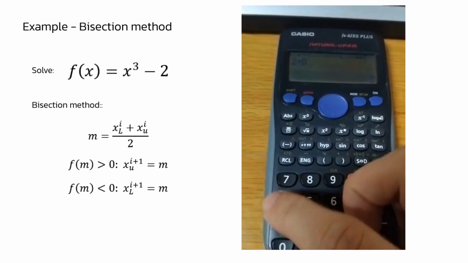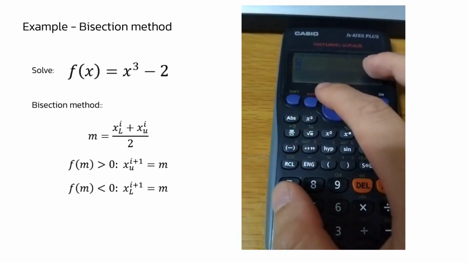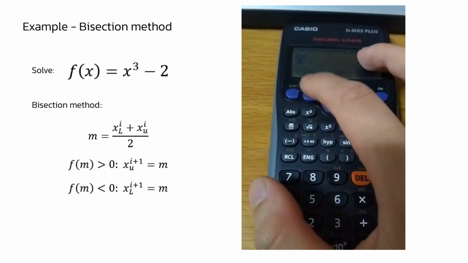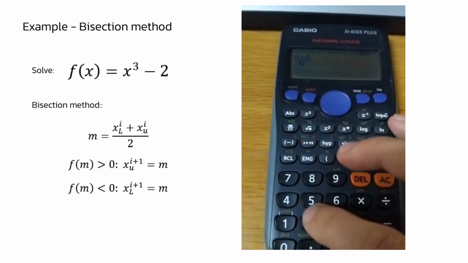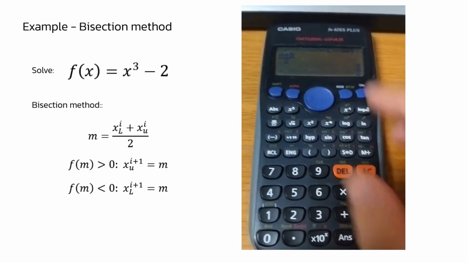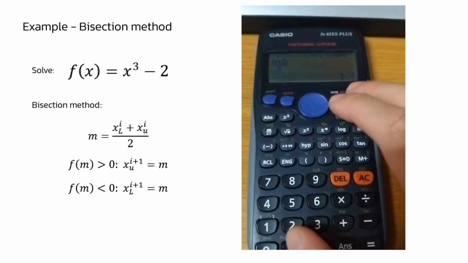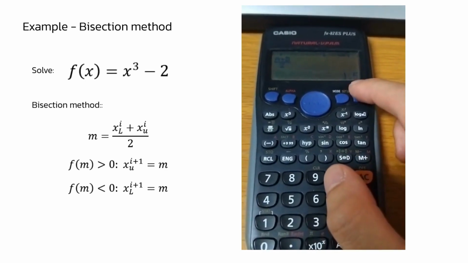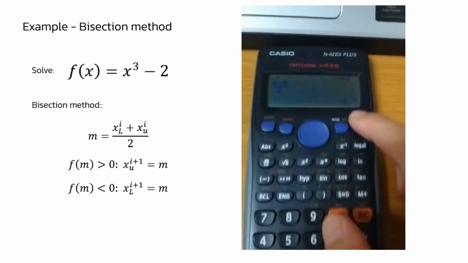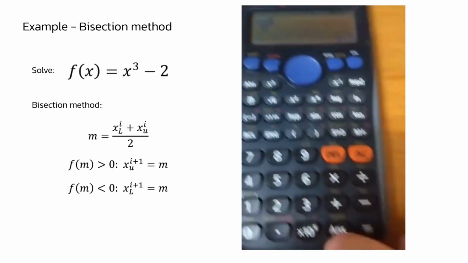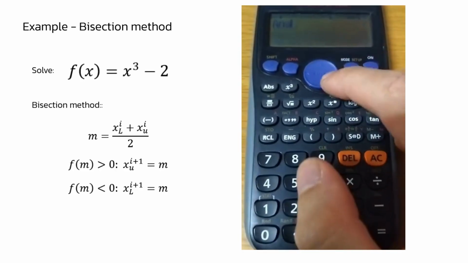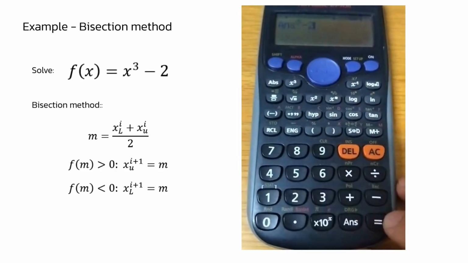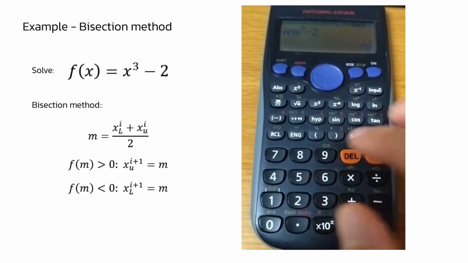Now to find the middle point, we will use the formula A plus B, which is the average. Now you see that this is your M. So what you want to do is calculate M in the function that you're trying to solve. In this case, just use answer cubed minus 2, and now you should get your residual.